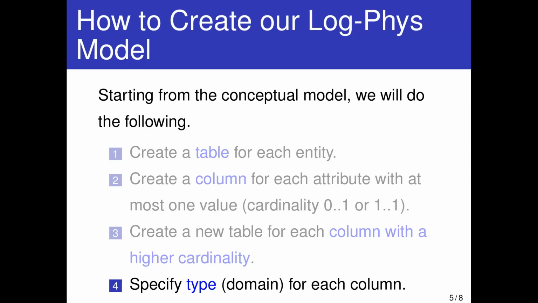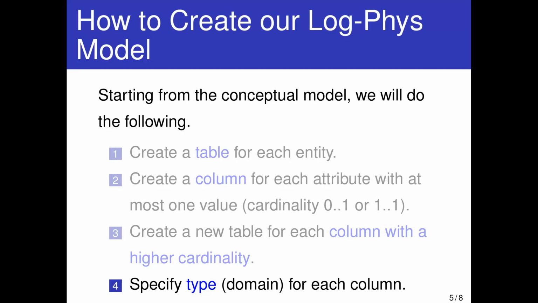Okay, before we start to specify type for the columns, there are a few things we have to discuss. First, it would be a good idea to not just specify a type, but a domain. Domain means that we can restrict the legal values.